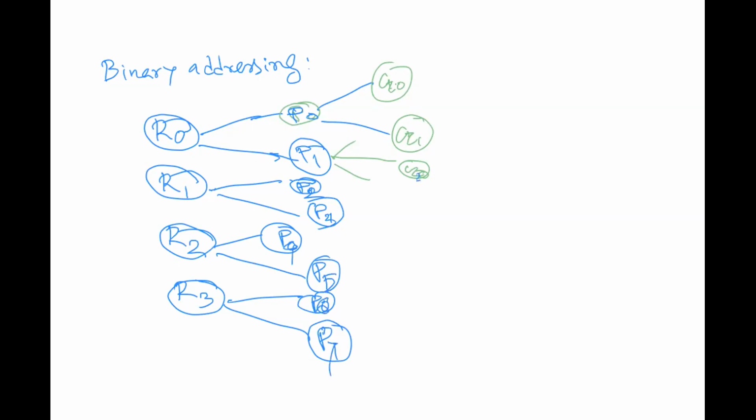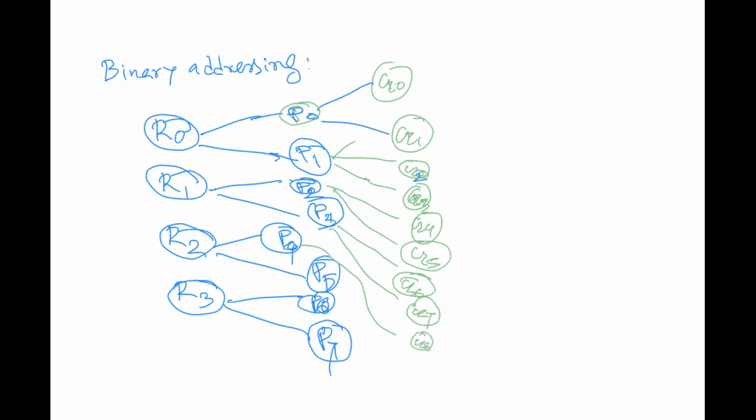And the gardens are G0, G1, G2, G3, G4, G5, G6, G7, G8, G9, and so on up to G15. In total, 16 gardens will be there.